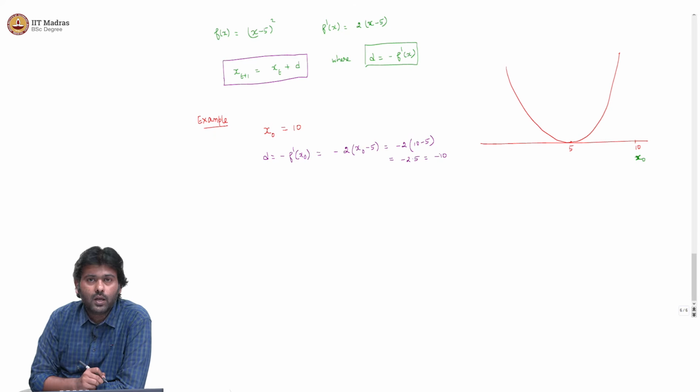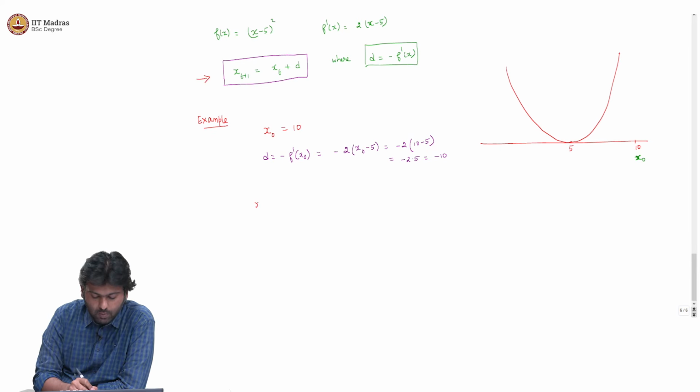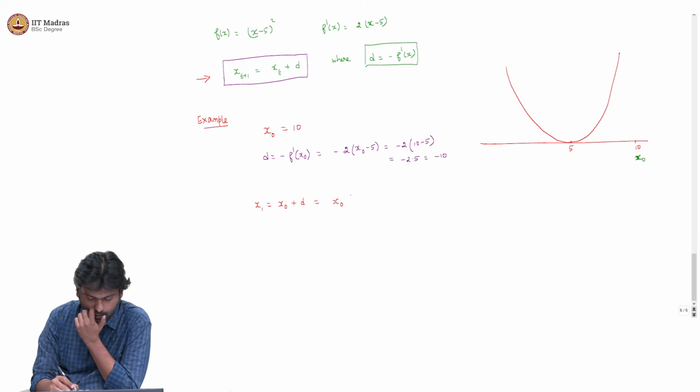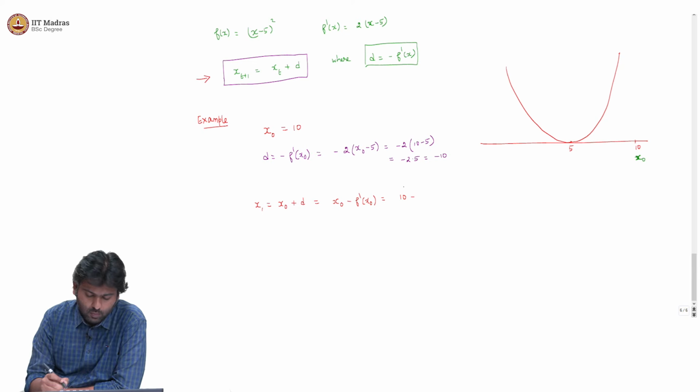So, this is my d, which means that my x1 using this update rule that I came up with is x naught plus d, which is equal to x naught minus f dash of x naught, which in this case is 10 minus, well, minus f dash of x naught happens to be minus 10, which means 10 plus minus 10, which is 0, right.